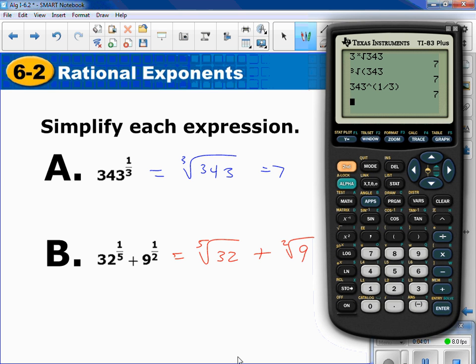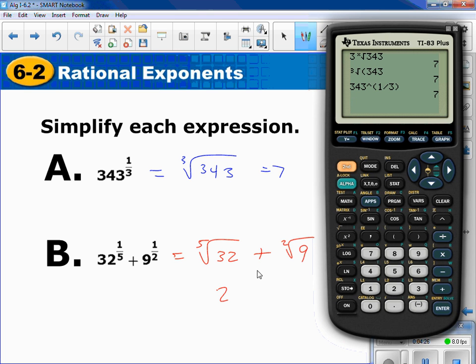The 5th root of 32. What times what times what times what times what is 32? Take a guess. 2 times 2 is? Times 2 is? Times 2 is? Times 2 is? 32. The 5th root of 32 is 2.